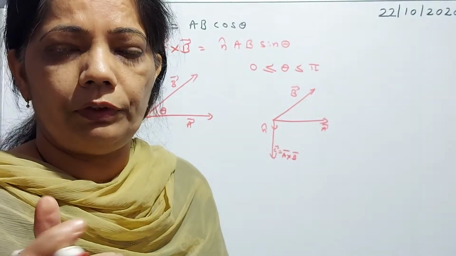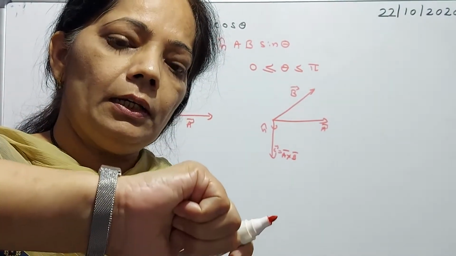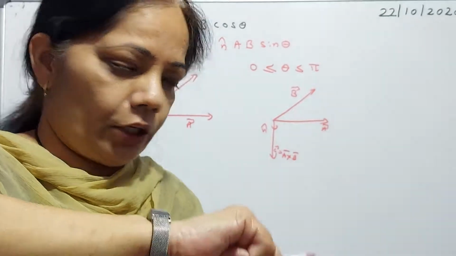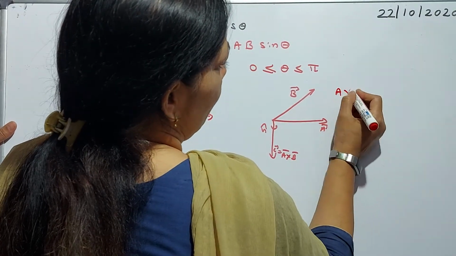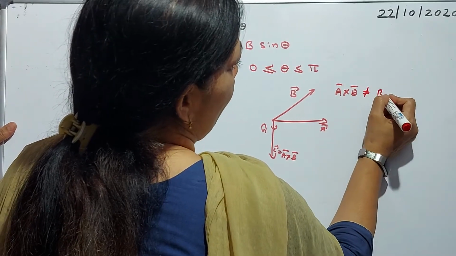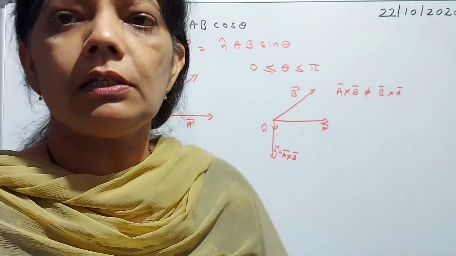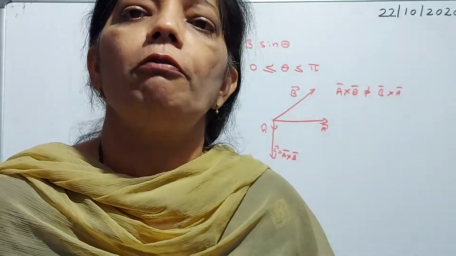Exactly opposite. So when the curled fingers go from B to A, my thumb will give me A cross B in a minus direction. Which means very clearly that A cross B is not the same as B cross A. Which means vector product does not obey the commutative law of multiplication.